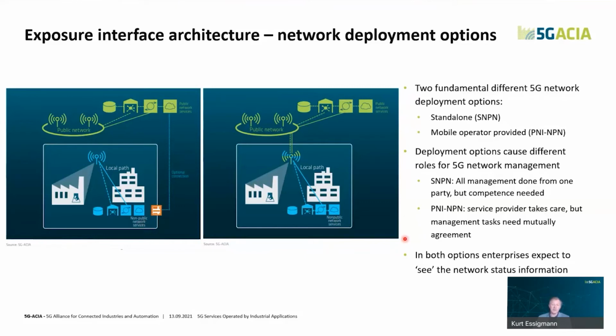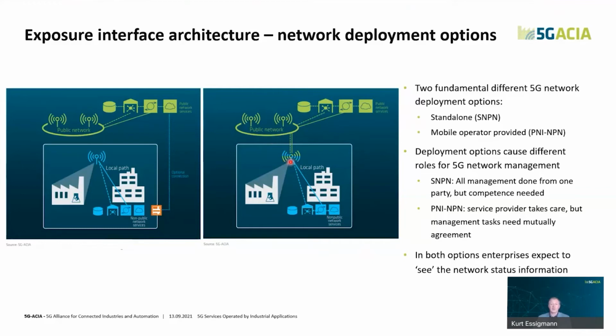On the right side, we see a deployment option where, for instance, a mobile network operator deploys the network. And in this case, not all of the network elements and network functions must be on premises. They can also be off premises. And some of the elements are shared. For instance, the radio network is shared.